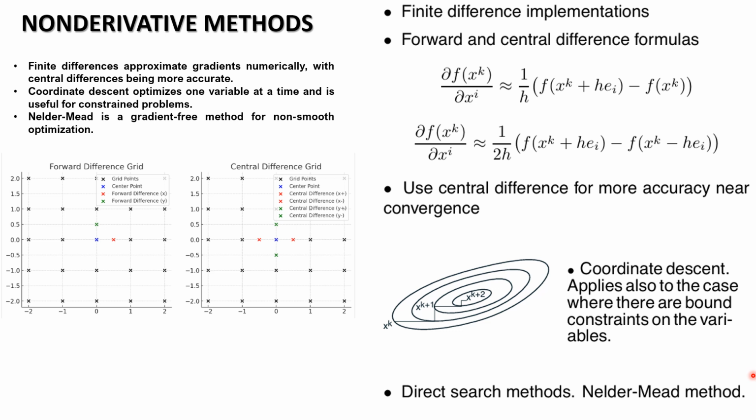It's useful when gradients are unavailable or unreliable, for example, for noisy functions, and works well for non-differentiable and discontinuous functions. But it has some limitations: it can be slow for high-dimensional problems and does not guarantee global convergence.